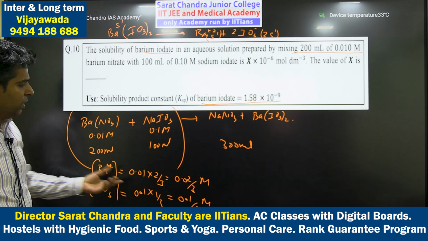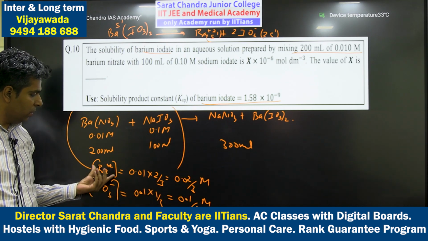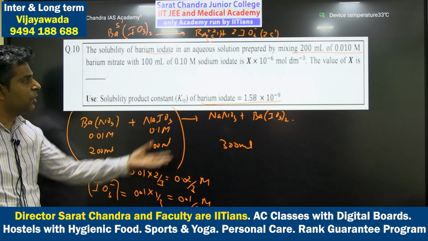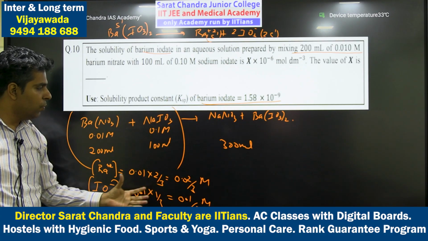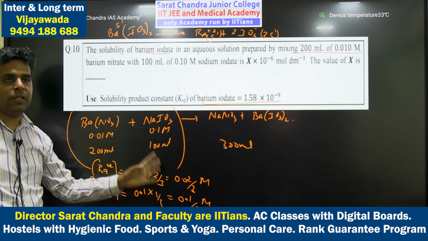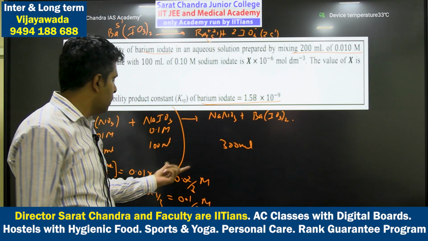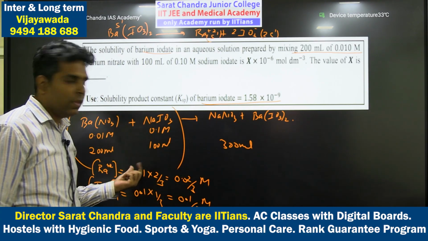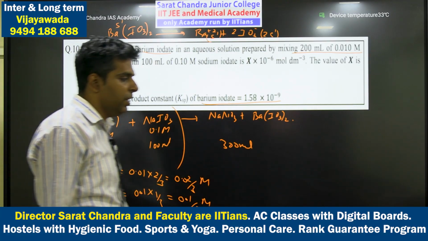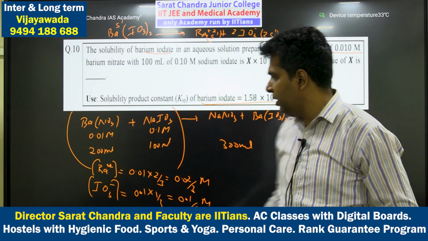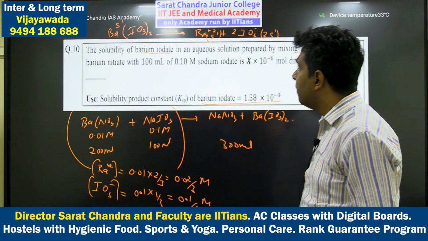So you can see the reaction quotient of this is much higher than the solubility product value. So most of the barium iodate will be precipitated out. So how much of barium iodate will be precipitated out? That will depend upon basically the limiting reagent. Which one is the limiting reagent over here? You can clearly see the barium ion will be the limiting reagent.